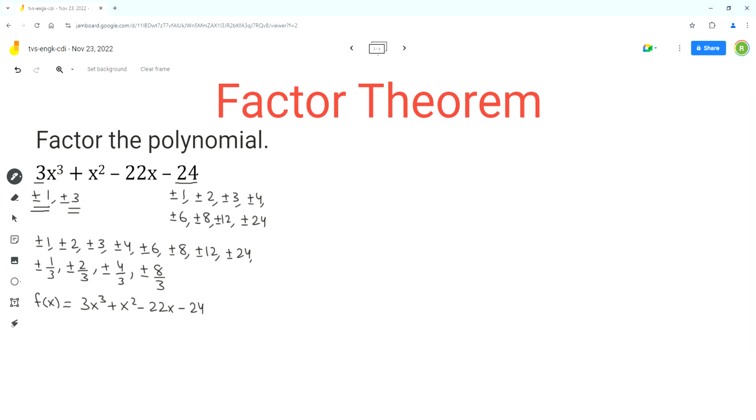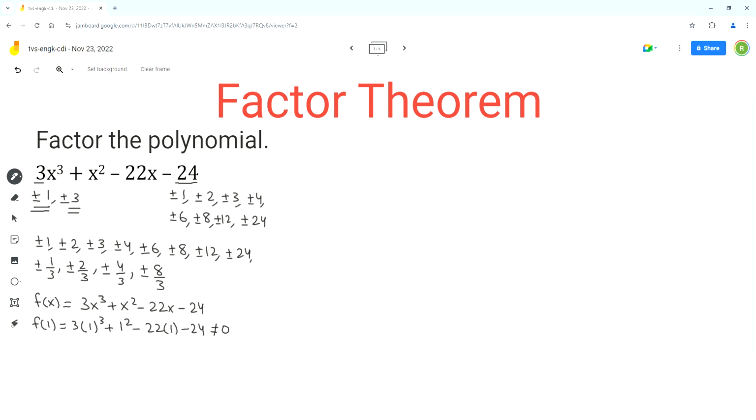So let's start with x equals 1. This expression value is not equal to 0. So x equals 1 does not work for us.